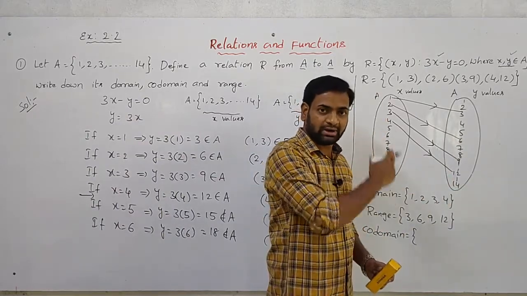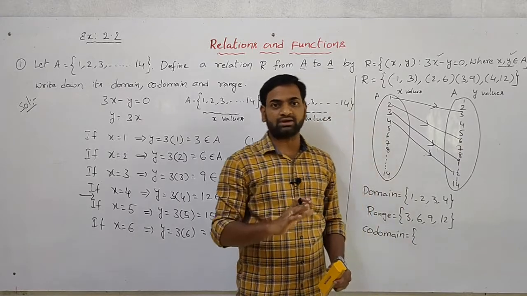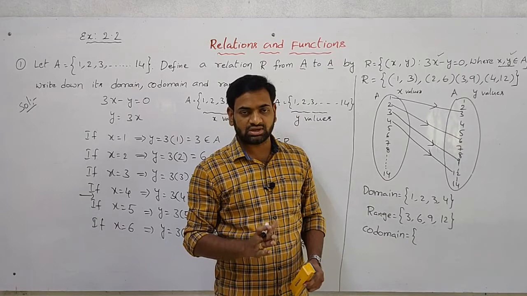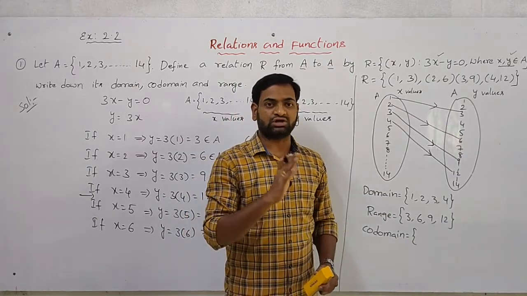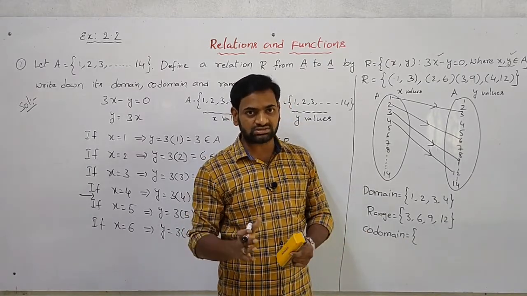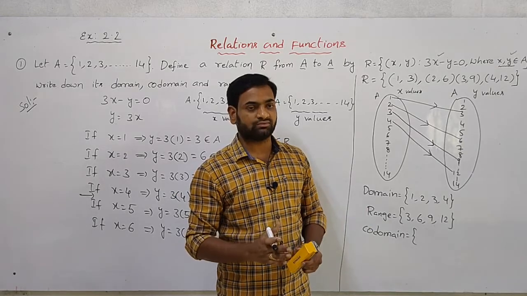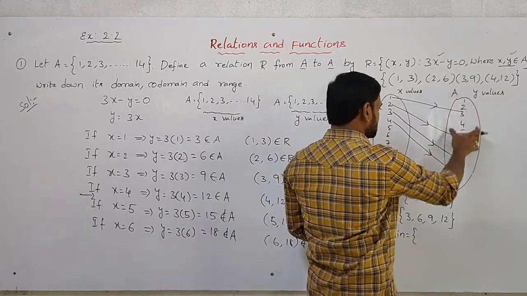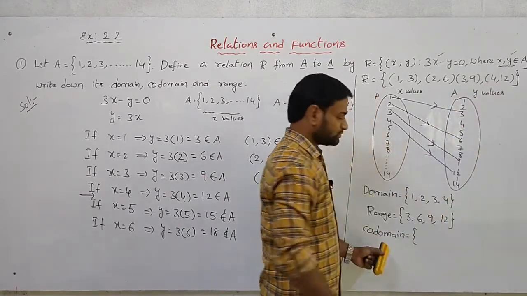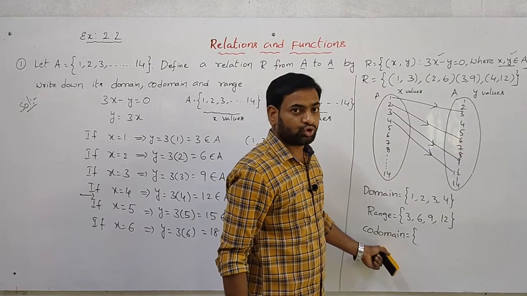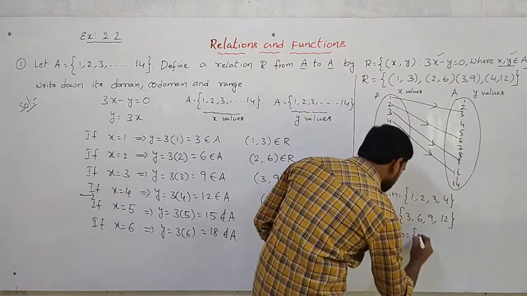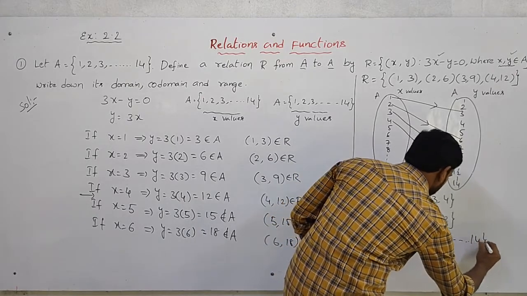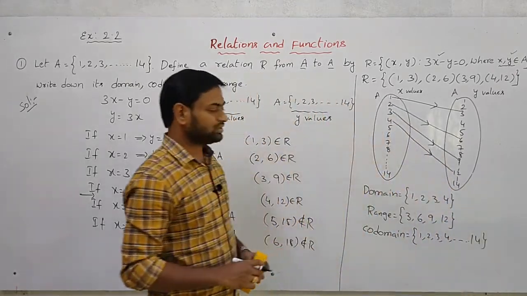All elements, either in the mapping or not in the mapping, are considered as codomain. So all the elements in the second set are the codomain. That is 1, 2, 3, 4 and so on up to 14. So it is the codomain.